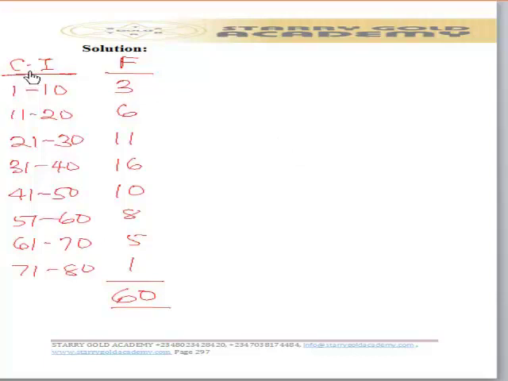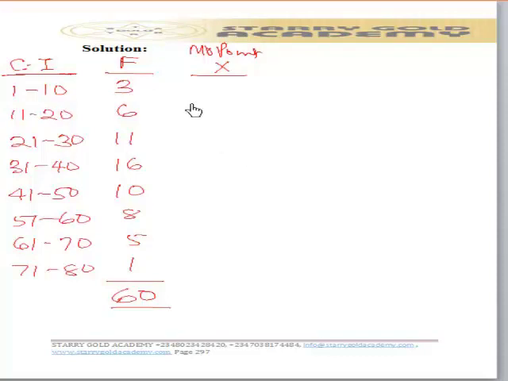From this class interval, we can get our midpoint, and our midpoint here will represent our x. How do we get our midpoint? We need to add the two class limits together and divide the result by 2. For example, we have 1 to 10. So we have 1 plus 10, which is 11, divided by 2.